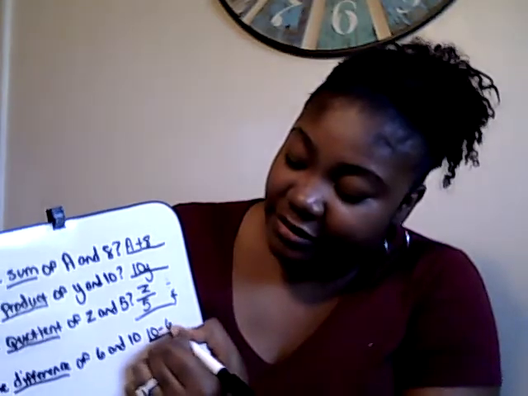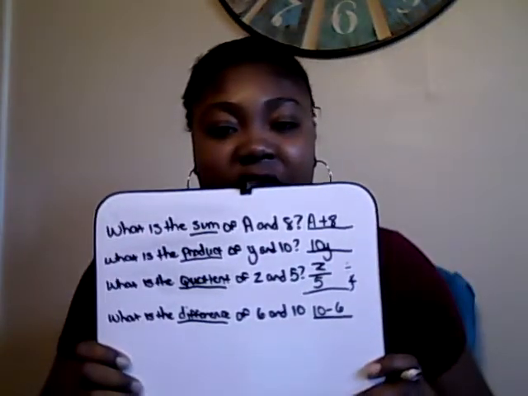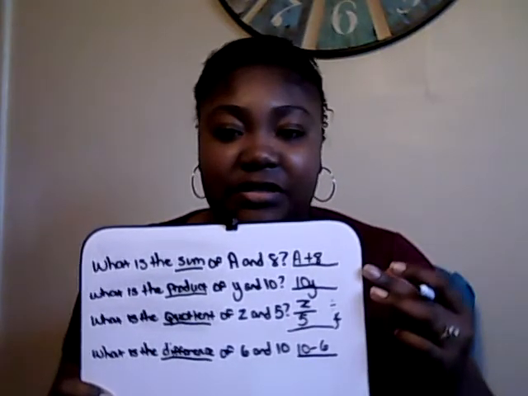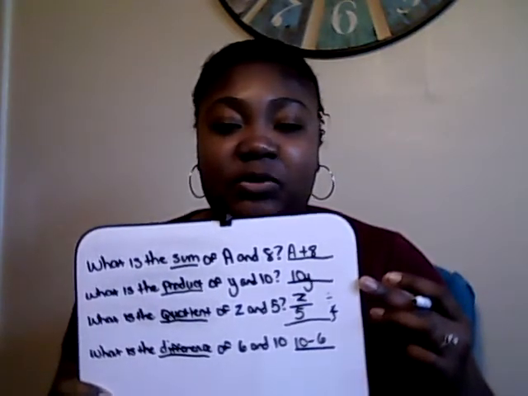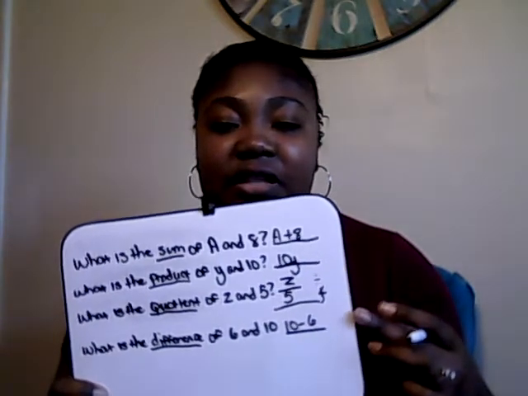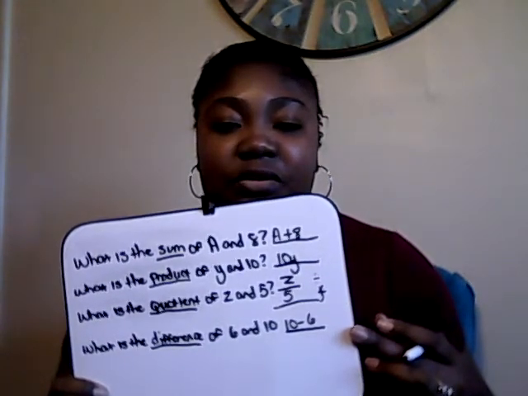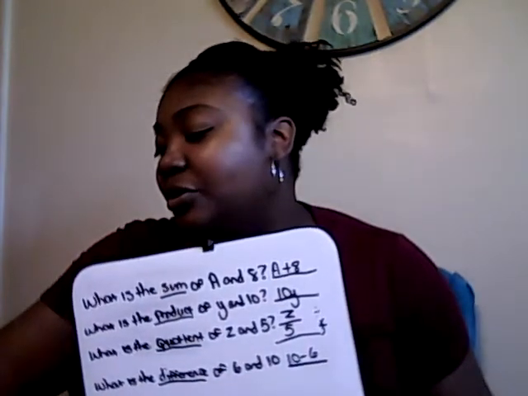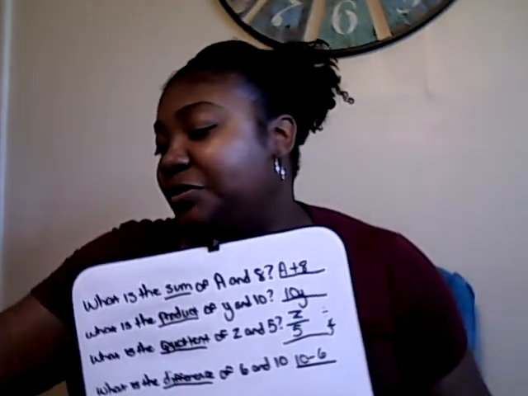Okay, so the first one was sum, which is addition. The second one was product, which is multiplication. The third one was quotient, which is division. And the last one was difference, which is subtraction. Okay, I have some more examples that are a little bit different from this one.